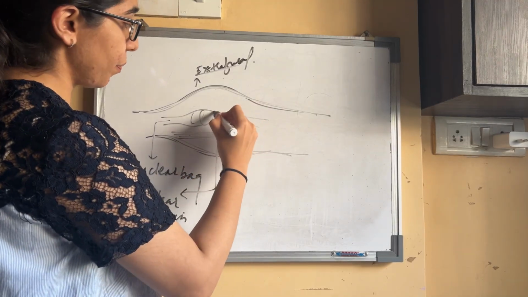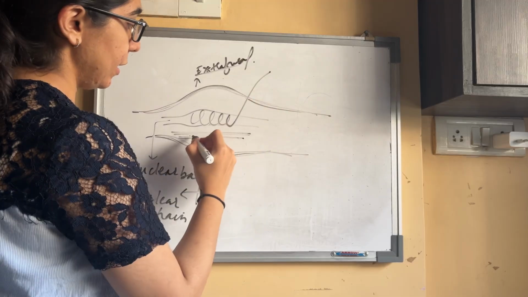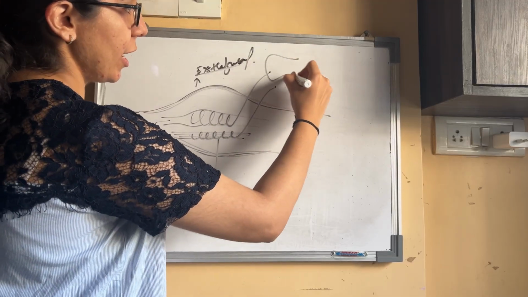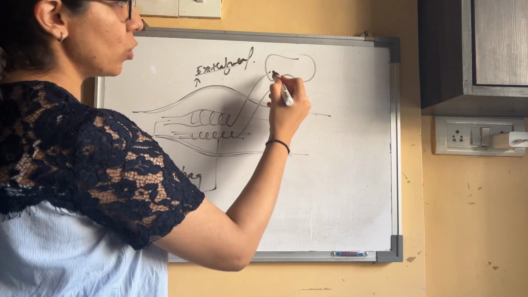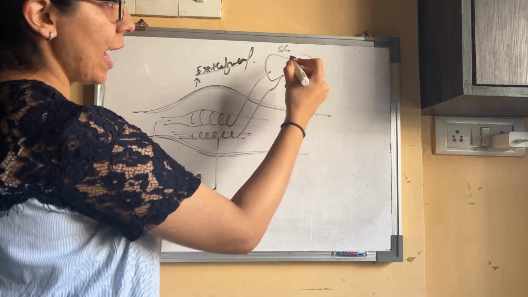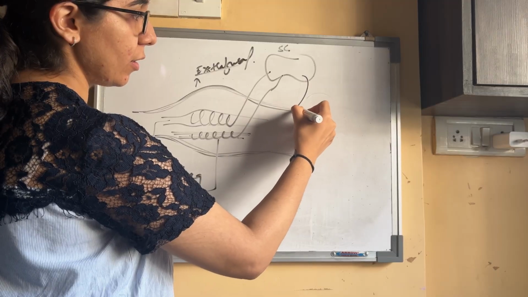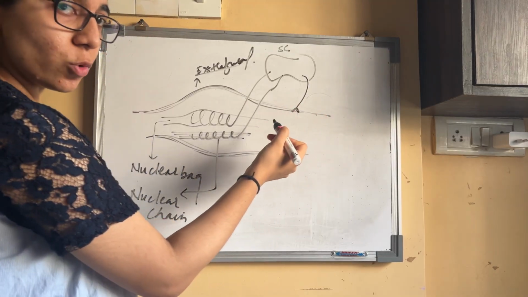From here, via the afferent nerve fibers, information is passed to the spinal cord, and then from the spinal cord, the motor response is produced.